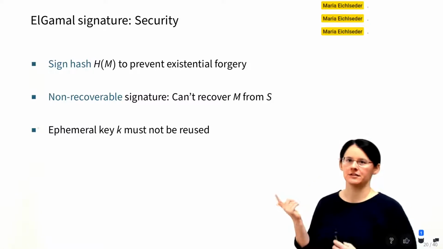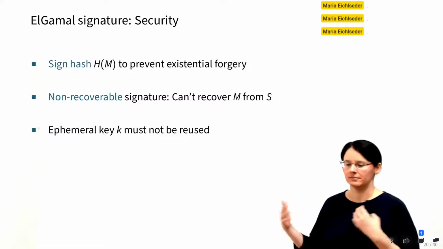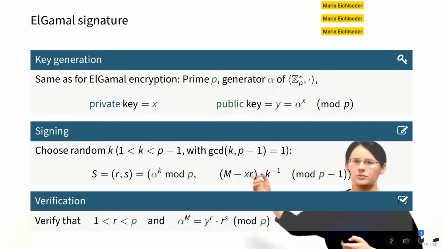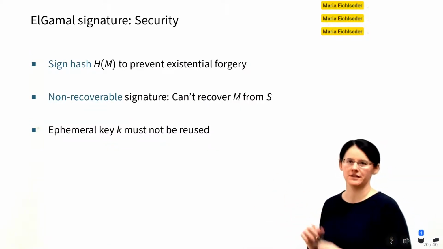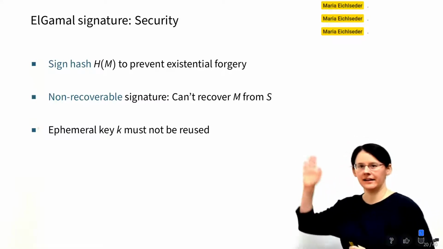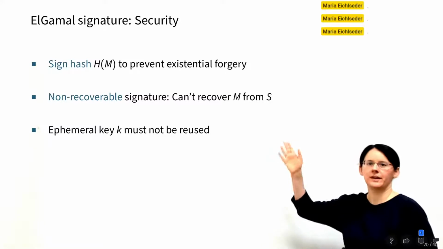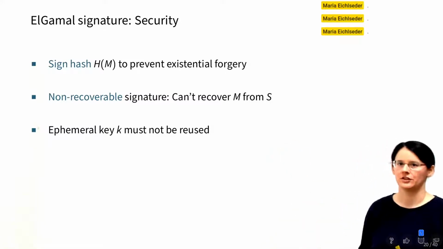The second reason is a practical one. If the message is long, we don't want to fit all of it into our group, so instead we compress it down to a smaller value that fits in the group by hashing it. Unlike RSA, we cannot recover the message or the hash of the message from the signature directly.